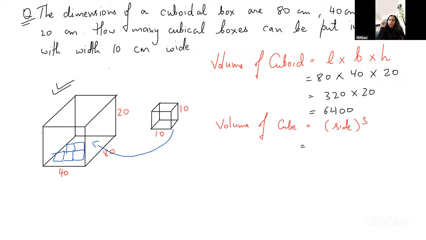So we multiply 10 into 10 into 10. Look on the screen. Okay, what we have? 1000. Here centimeter cube, here also centimeter cube.